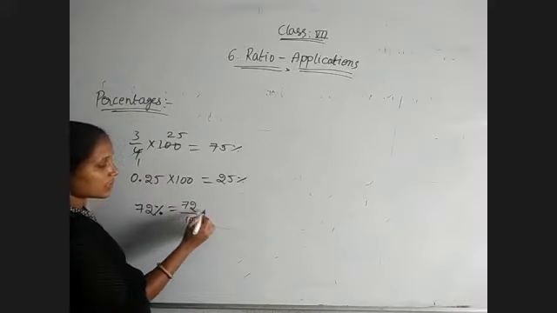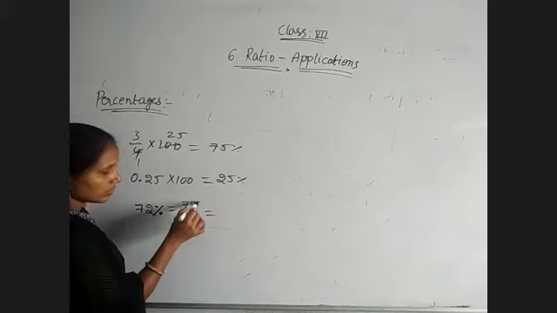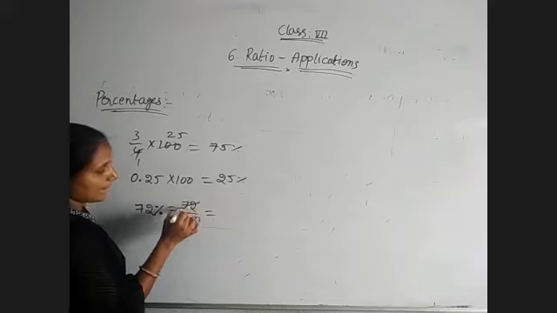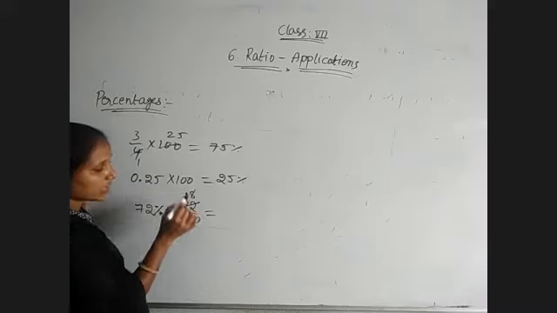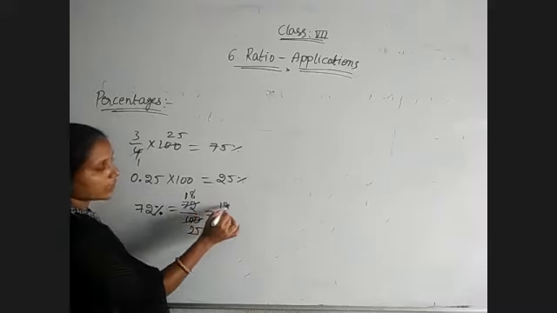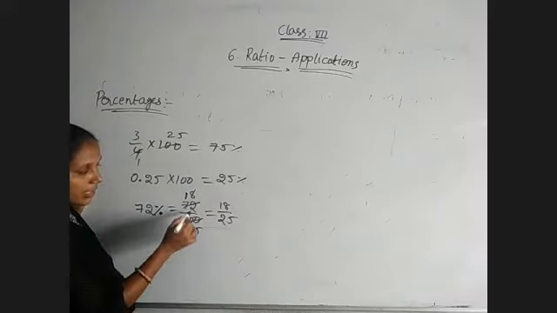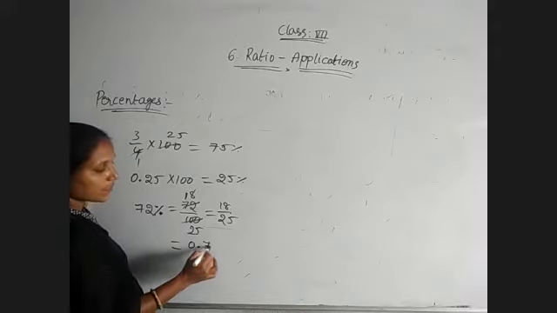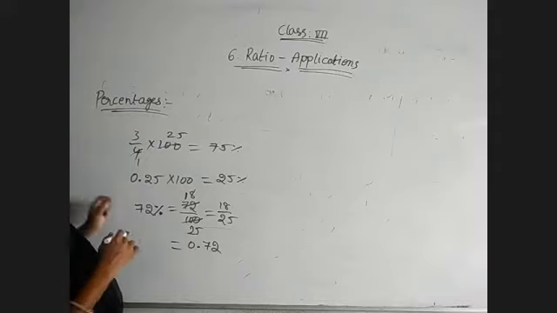In the simplest fractional form, 4 ones are 4, 4 eights are 32, 4 twenty-fives are 100. That's all. 18 by 25 is the fractional form. And in decimal notation, 72 by 100 has 2 decimal digits, that means 0.72 will be the decimal number. Okay, so this is how we are converting.